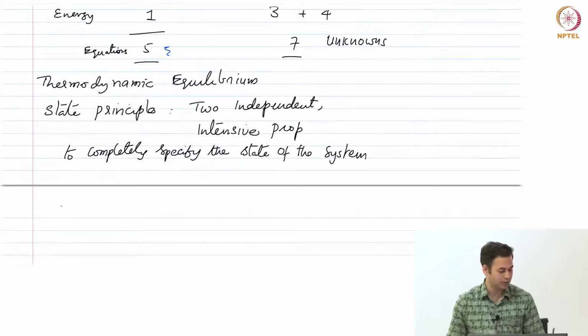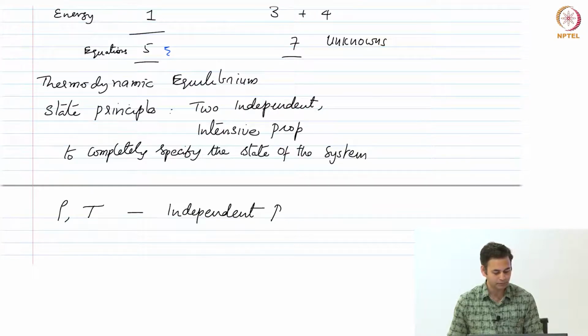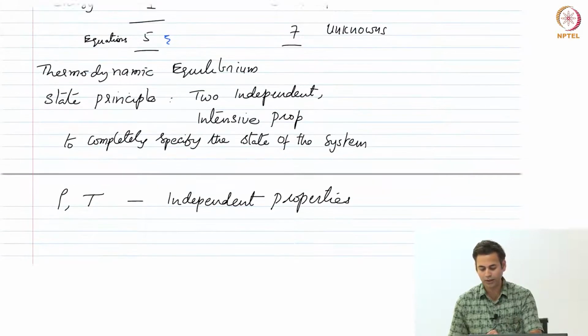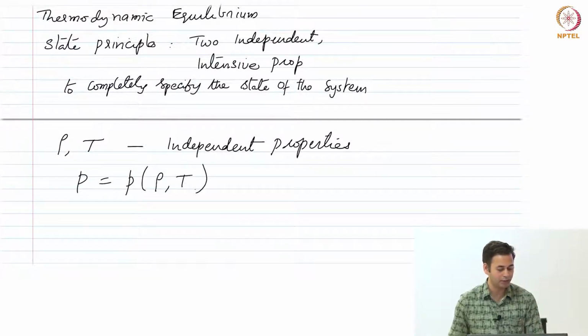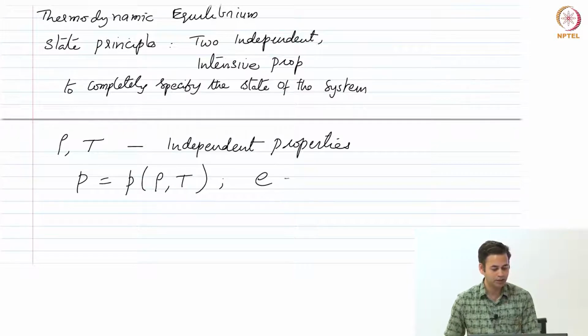So for example, we choose density and temperature as the independent properties. Then the other 2 thermodynamic variables, that is pressure and internal energy: pressure can be obtained as a function of density and temperature. Similarly, the internal energy e as a function of density and temperature, right.